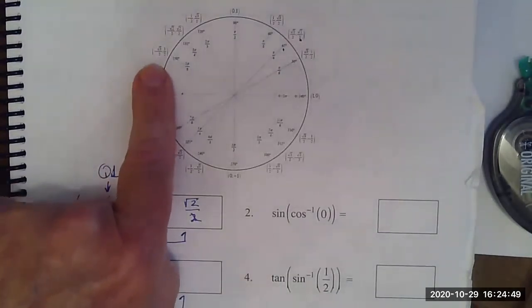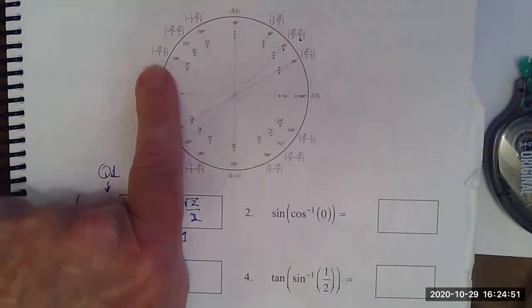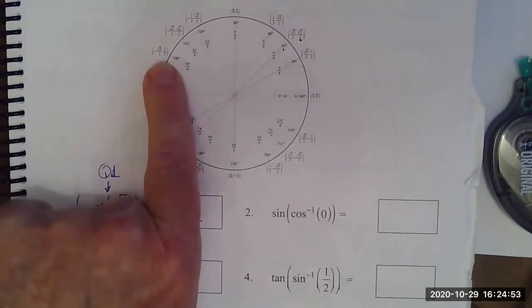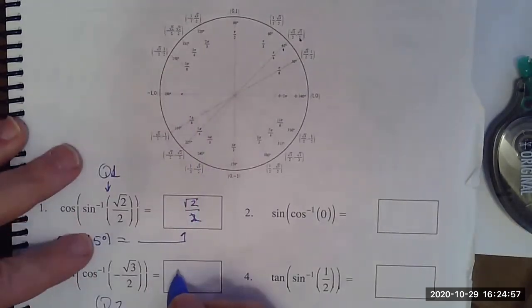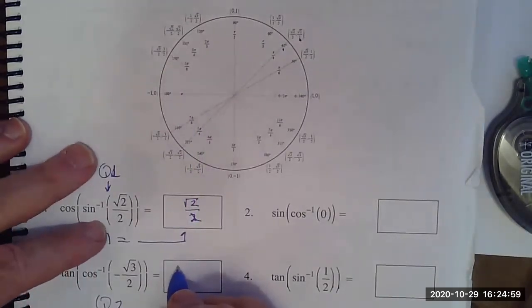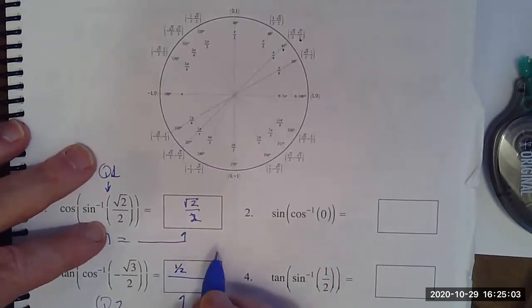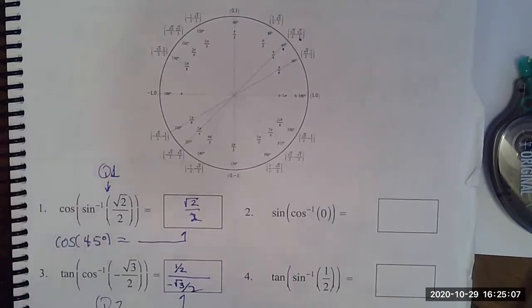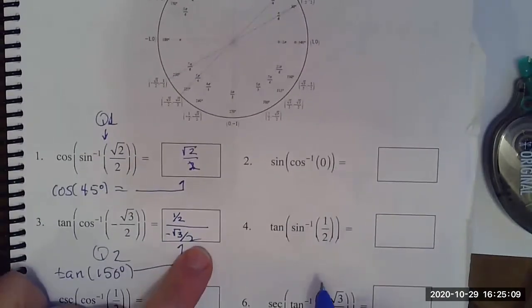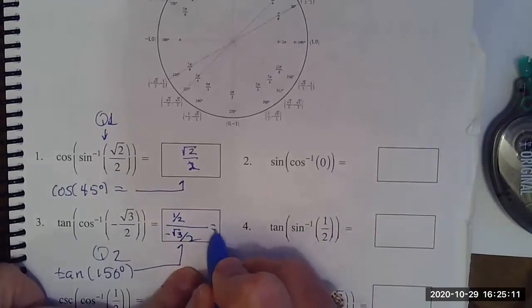Don't the 2's cancel? I'll do it this way: y is 1/2 over x, negative root 3 over 2. You take the reciprocal of that, the 2's cancel, and then you get negative 1 over root 3.